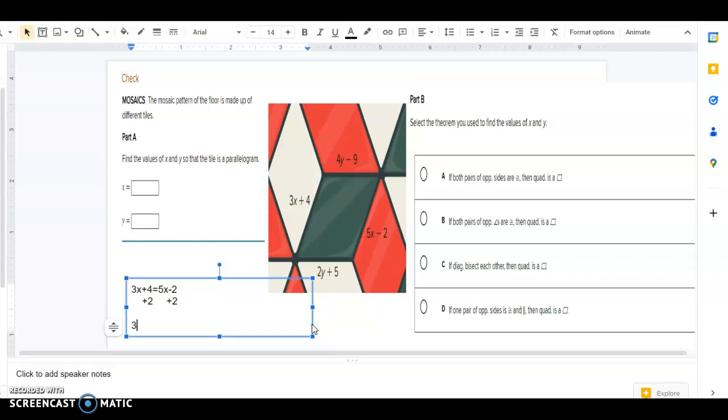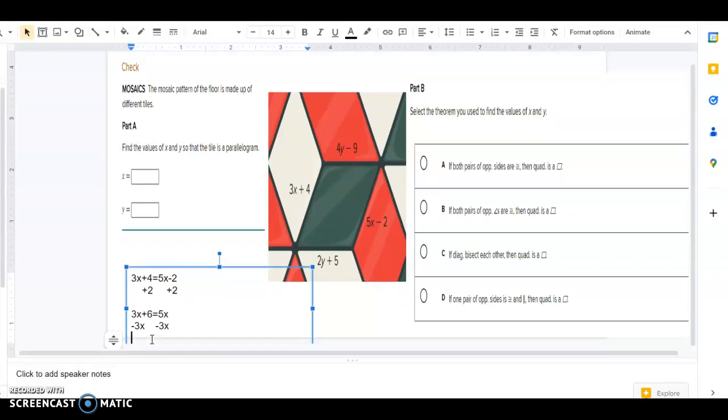So now I have 3x plus 6 equals 5x, because that 2 cancels. Then I'm going to subtract 3x from both sides. So now I have 6 equals 5x minus 3x, which is 2x. And then I'm going to divide by 2. So 6 divided by 2 gives me 3. So x is 3.